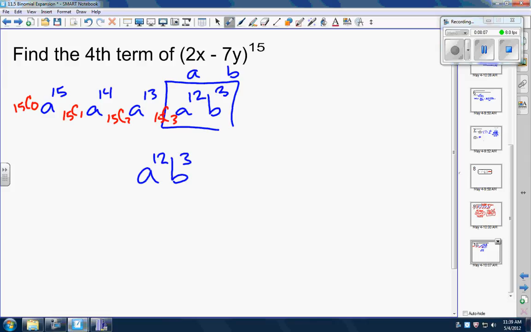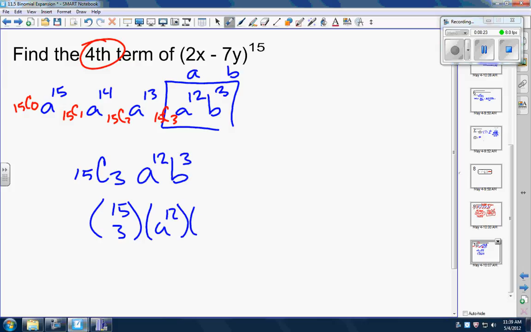This has got to be 15 choose 3. The 4th term isn't going to be 15 choose 4. So I always write it with the combination notation, just as the book would. Something like that.